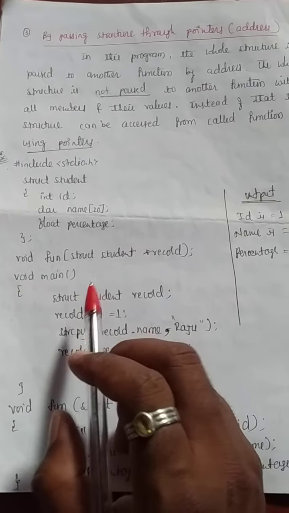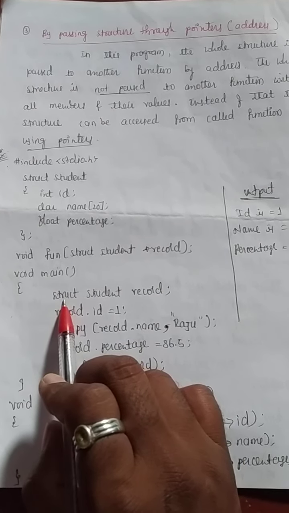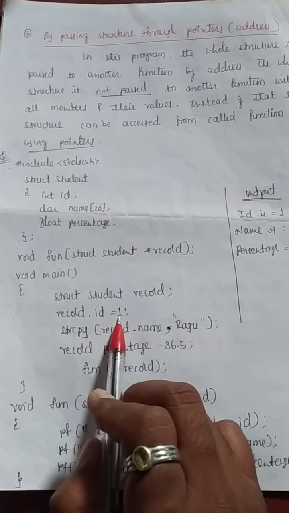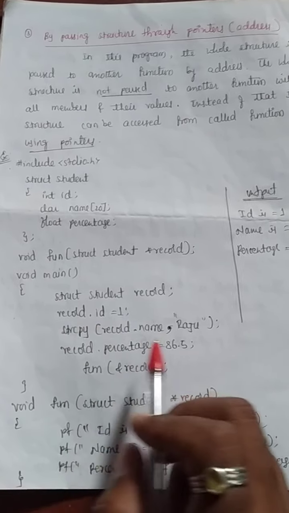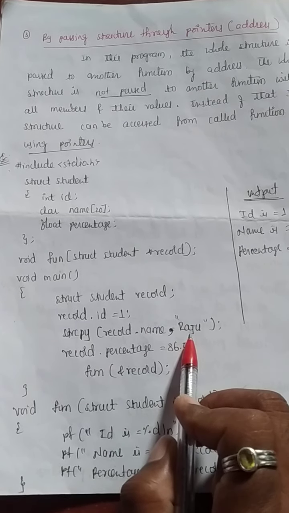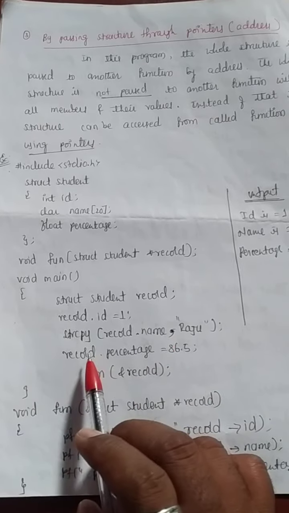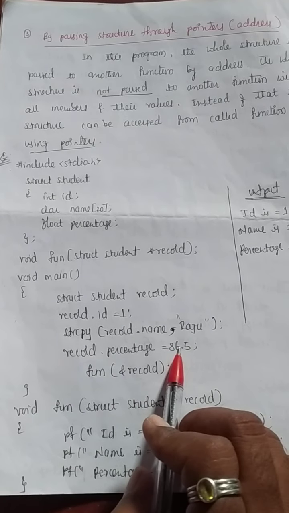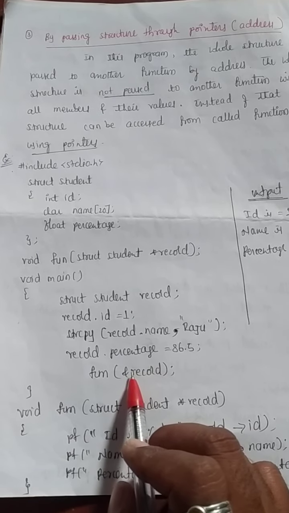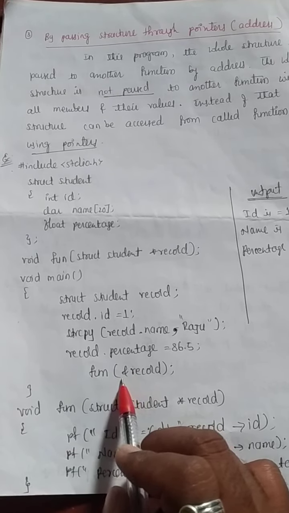Now declare one structure variable, struct student record. Same thing: initialize the value 1 to record.id, then use the string copy built-in function and assign Raju to record.name, and record.percentage equals 86.5. Then in the function call, instead of only record you have to pass the ampersand also.